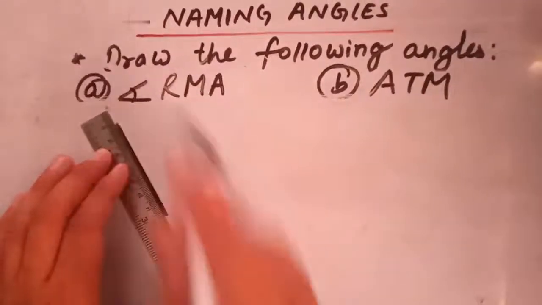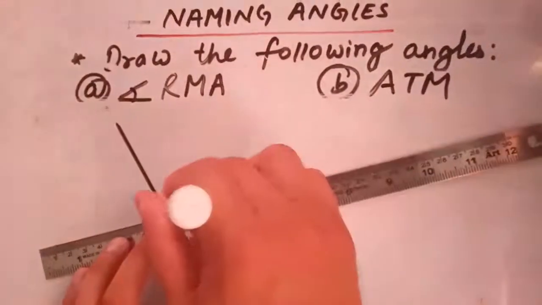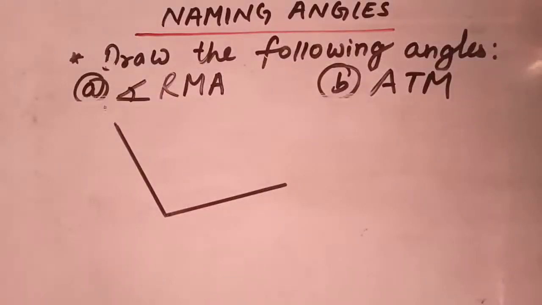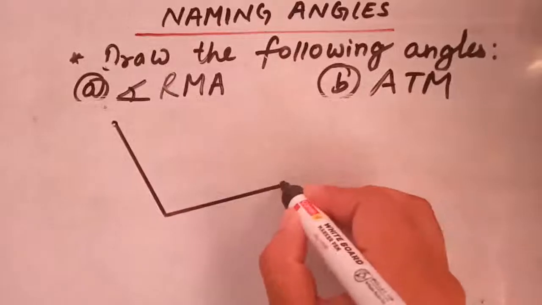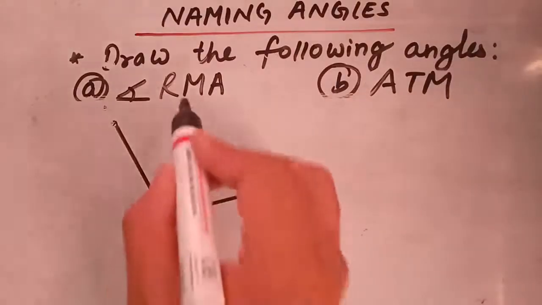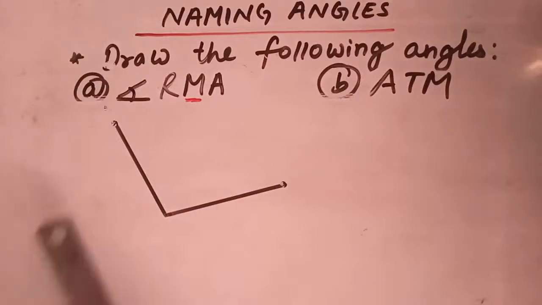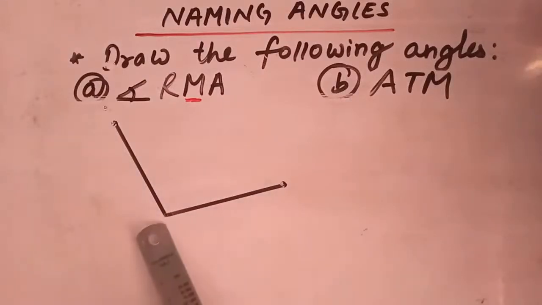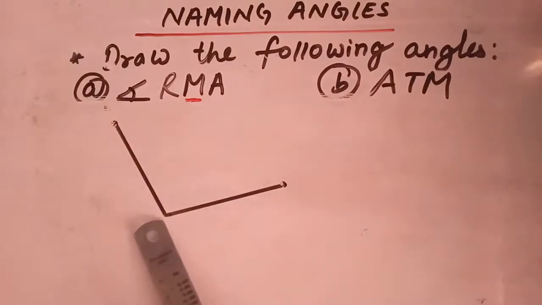You can draw an angle like this also. Here I have drawn one angle. Now you can name these letters later on also. Since our vertex is M, as M lies in the middle, as you can see in this angle, the vertex is the meeting point of the two arms. These two arms have met at this point. So this is your vertex.